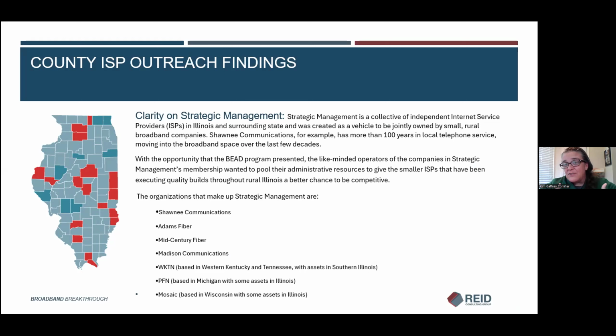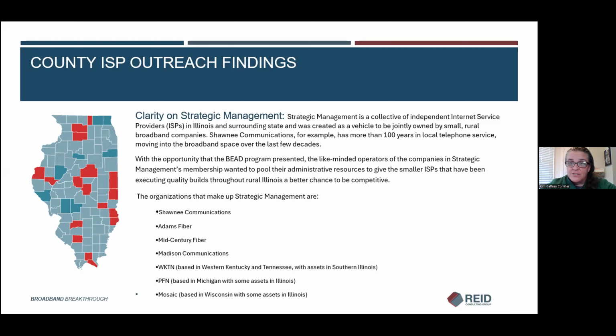I think I speak for the RCG team. I think I speak for most of the cohort leadership. We were really impressed with what Strategic Management is and is trying to do. They are mostly made up of what would be considered smaller ISPs, many of which started in the telecommunication space 100 years ago as local telephone providers.